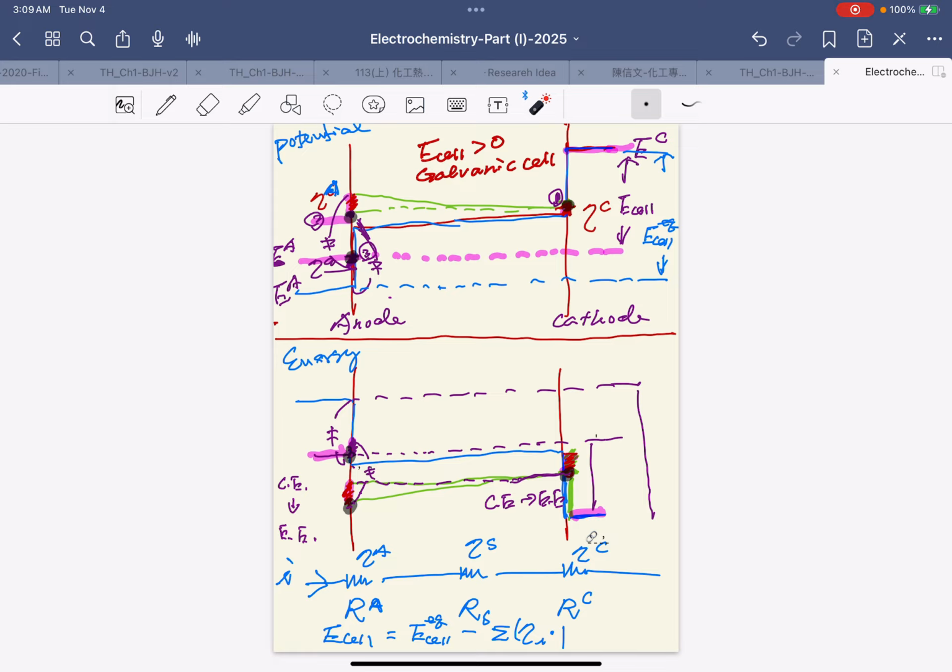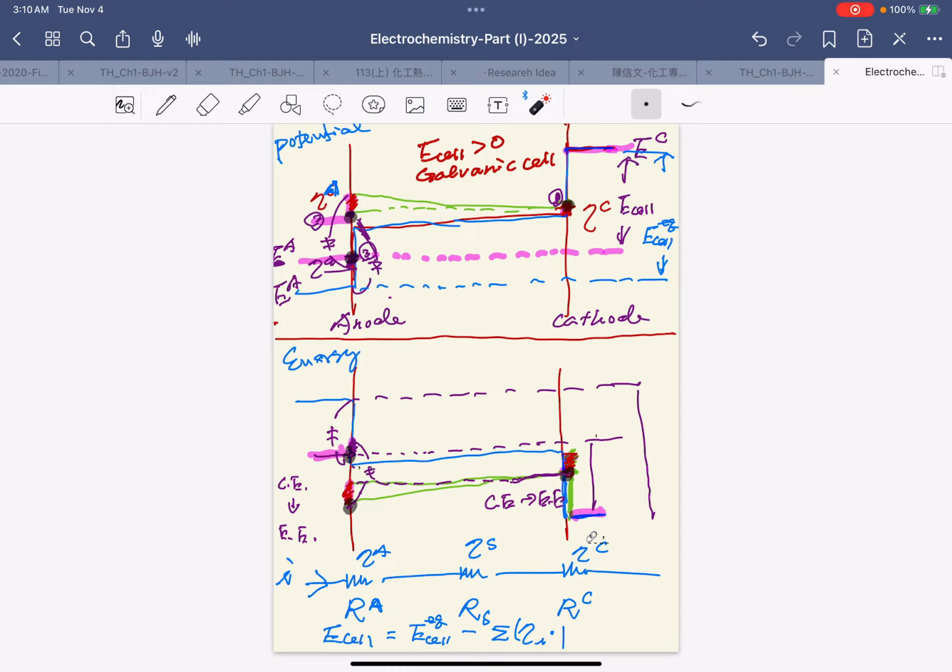The higher potential needs to be lower energy, and the low potential of EA would be the higher energy.